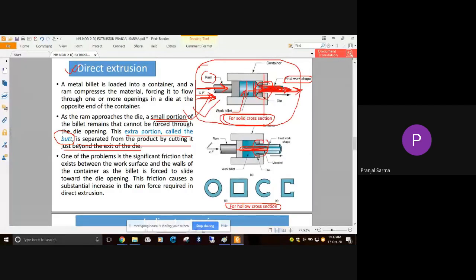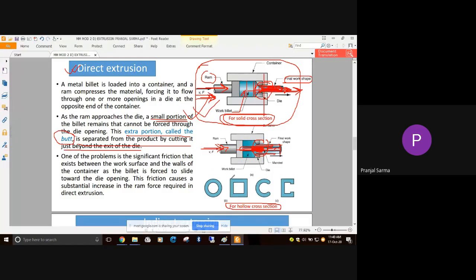The rest is similar: whenever we force the workpiece with the help of the ram, it gets compressed and comes out of the die opening. But in this case, as we have the solid mandrel here, the material cannot come out from this portion, but from the upper portion and this location it will come out. So the final cross section that we get will have this blue part as the hollow part. That is the way we can get a hollow cross section in direct extrusion.